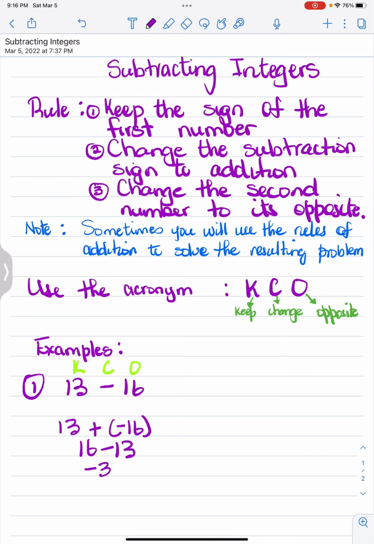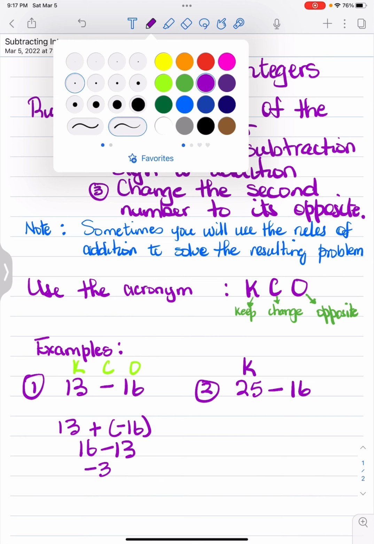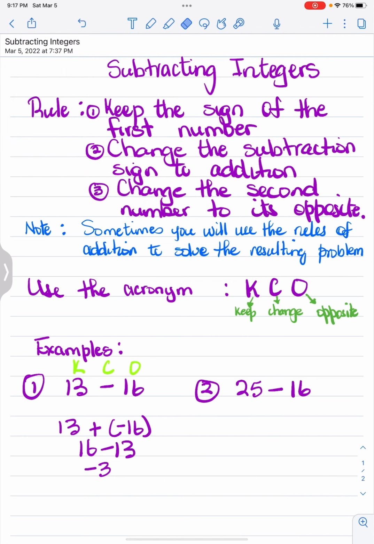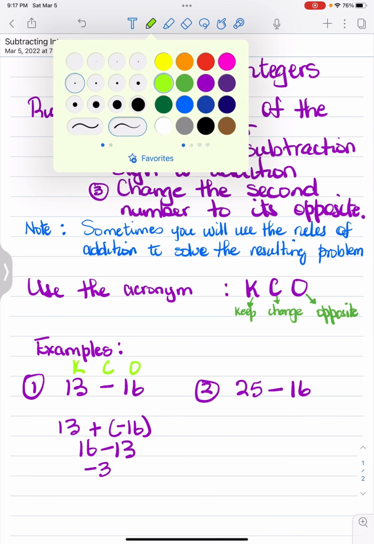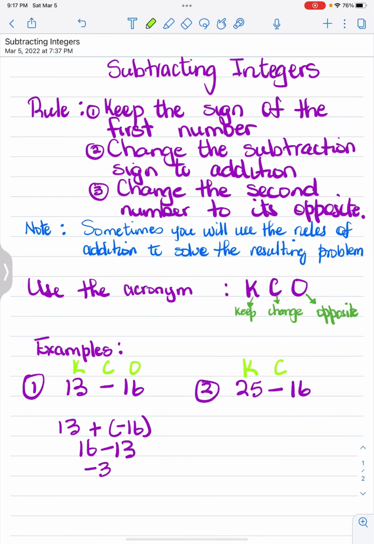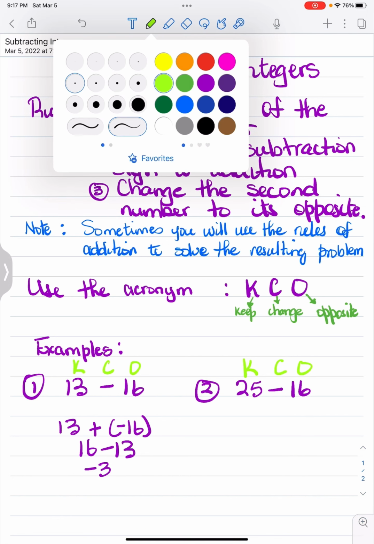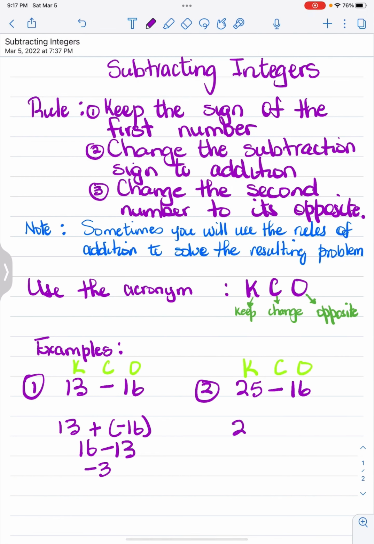Let's look at a second example. 25 minus 16. Think K, C, O. So keep 25, change from the minus to addition, and change your 16, which is positive, to negative.